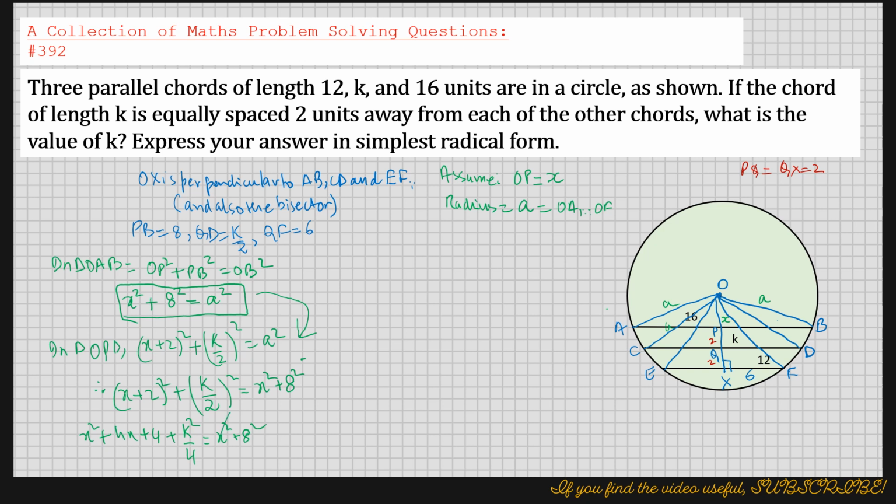The x square and x square go away, and we are left with 4x plus k square out of 4 equals 8 square minus 4, that is 64 minus 4, which is 60.